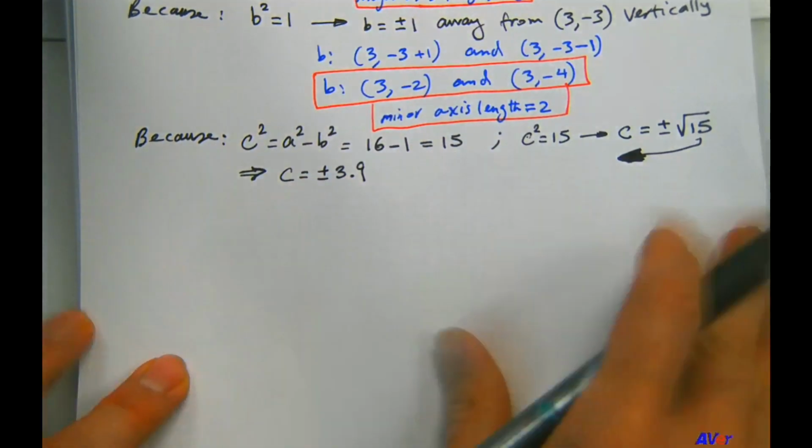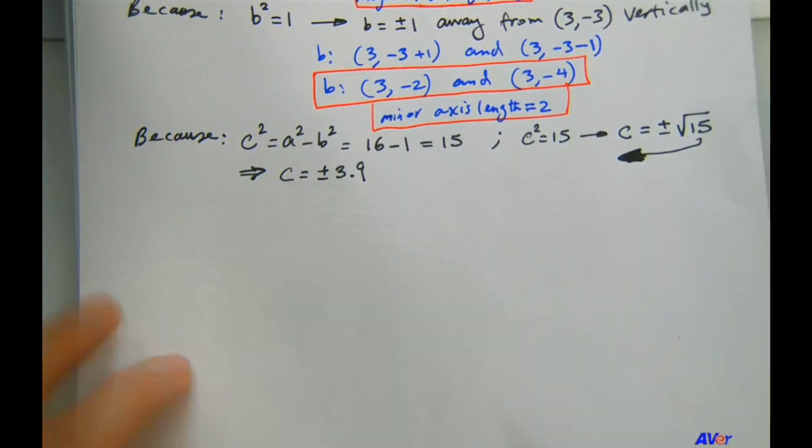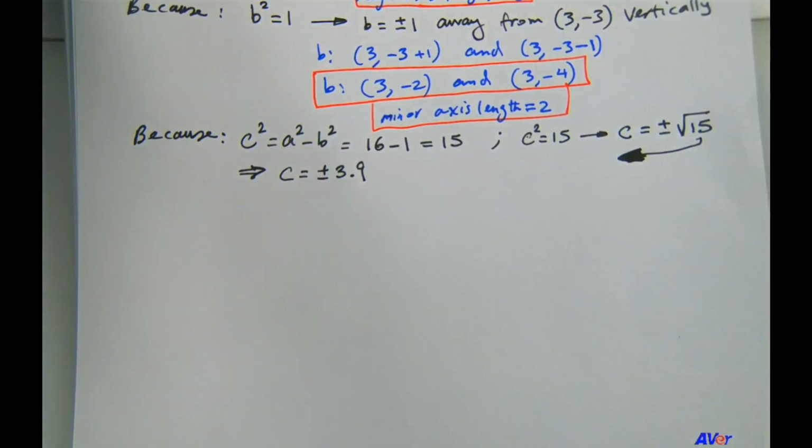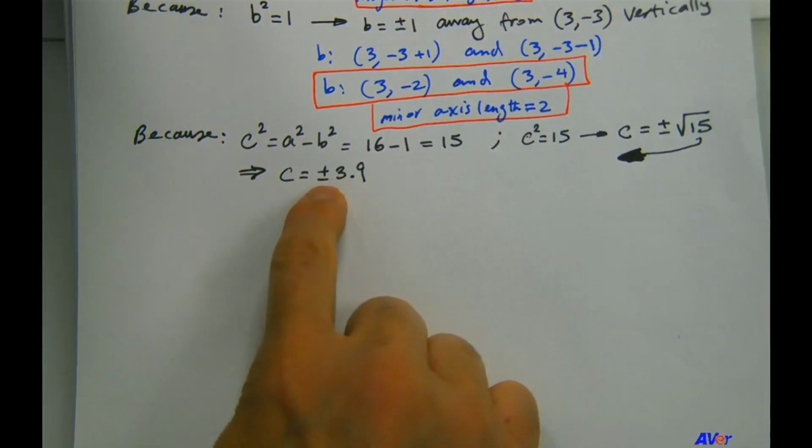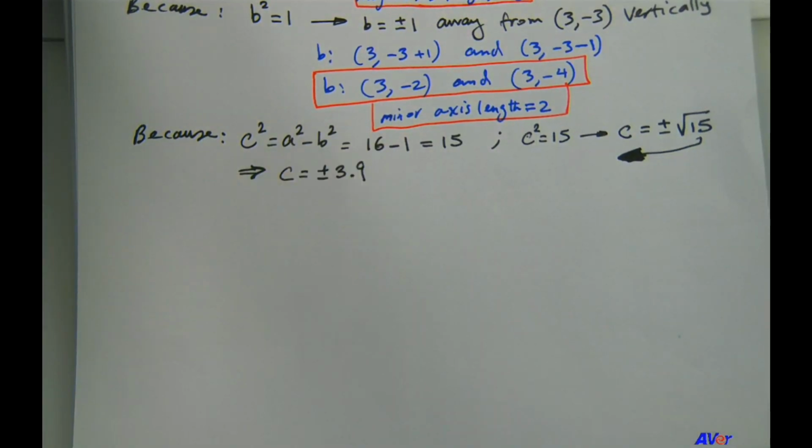Okay, so is this going to be along the horizontal axis or vertical? Well, this shift will have to be along the horizontal because the focal points of an ellipse are always along the same axis as the major axis. I apologize, I misspoke earlier.